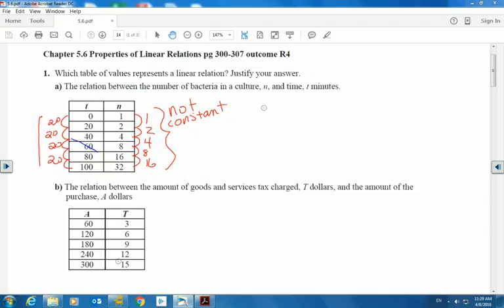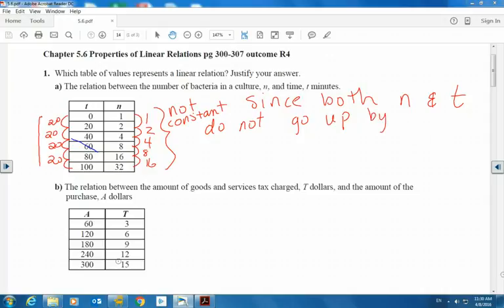So since both n and t do not go up by a constant, not both of them, only one of them does. The t does, the n does not.